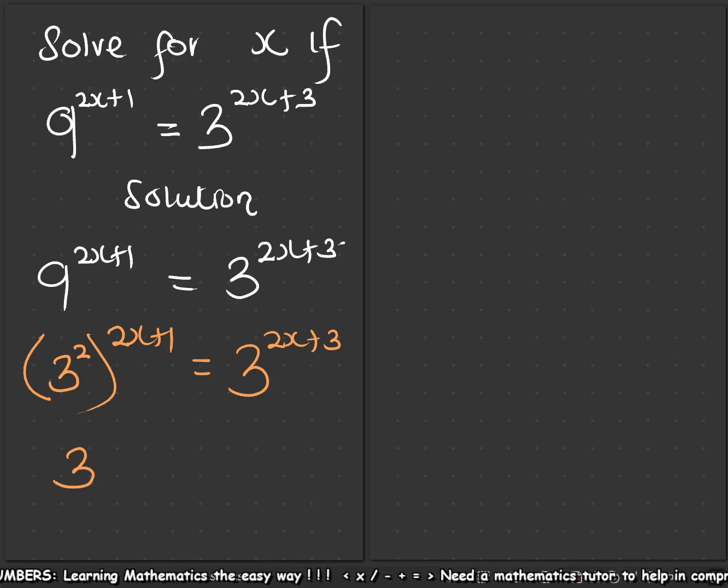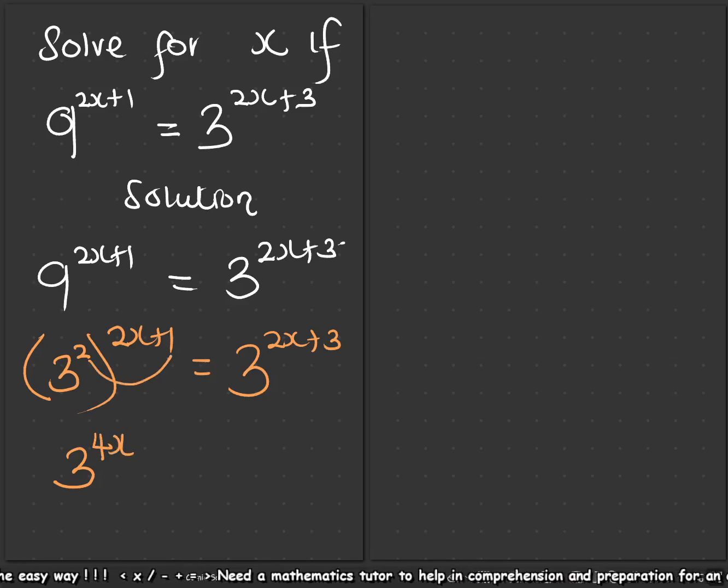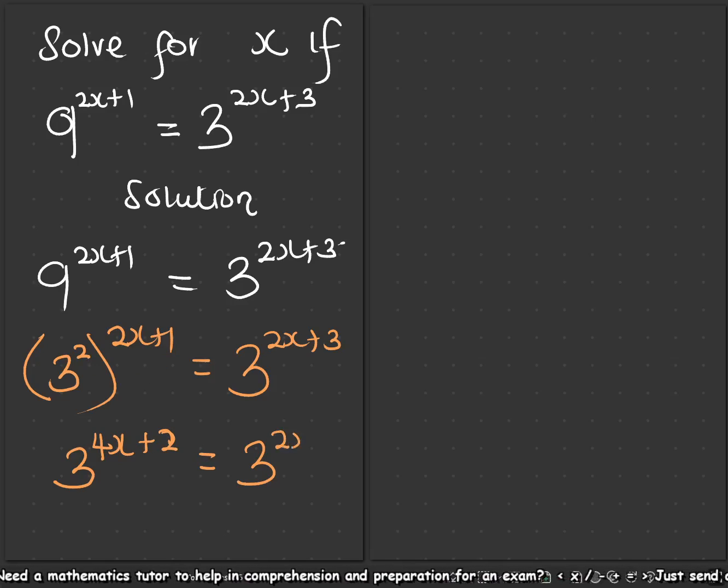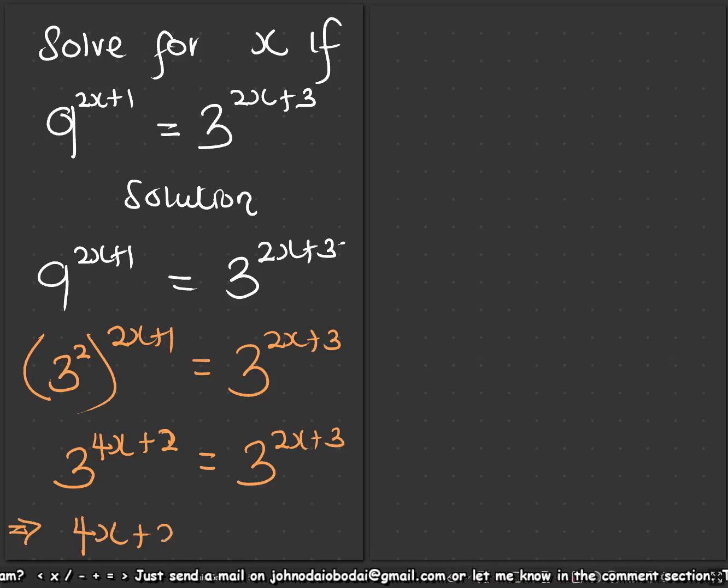So that we have 3 raised to the power 2 times 2x, that gives us 4x, and then 2 multiplying 1 gives us a positive 2, equal to 3 raised to the power 2x plus 3. Now that we have our bases being the same, we equate the exponents, so that we have 4x plus 2 being equal to 2x plus 3.